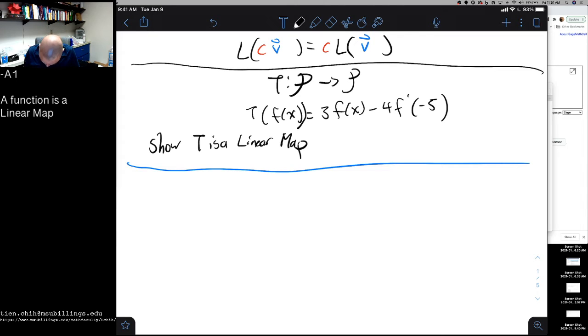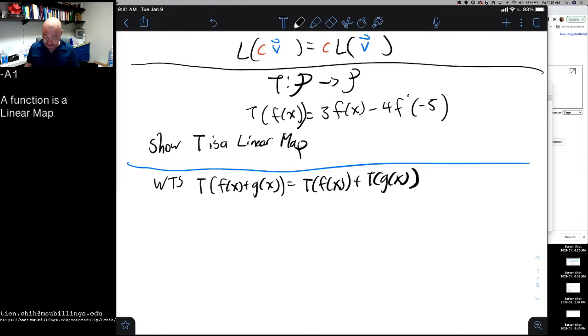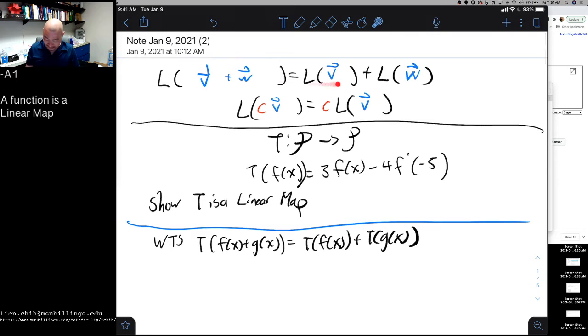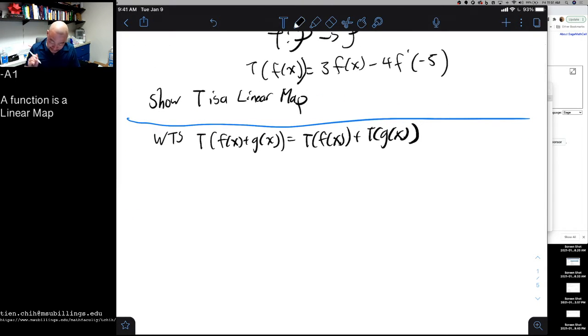So I want to show that T of f of x plus g of x is equal to T of f of x plus T of g of x, right? This would preserve this feature here. To start, I'm going to start with the left-hand side.